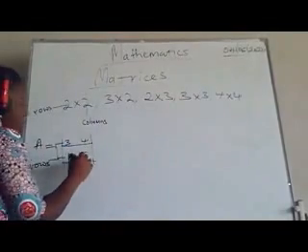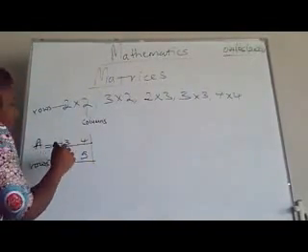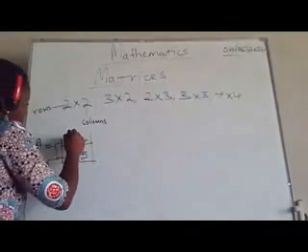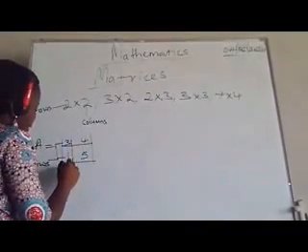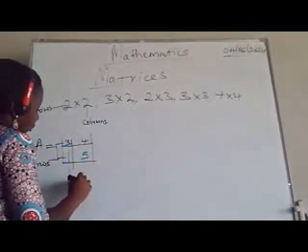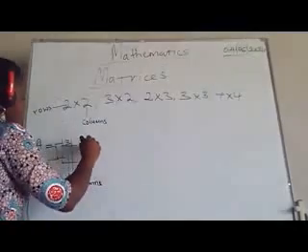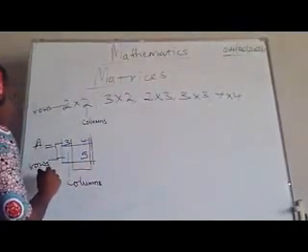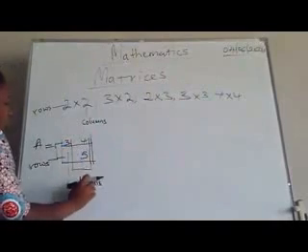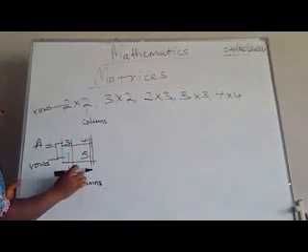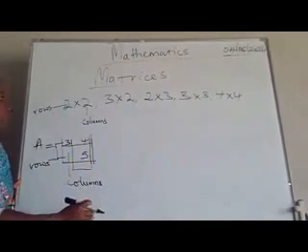The second row is this. And it's also arranged in 2 columns. The first column is this. The second one is this. So that is why we have 2 rows, 2 columns. This is what we call a 2x2 matrix.